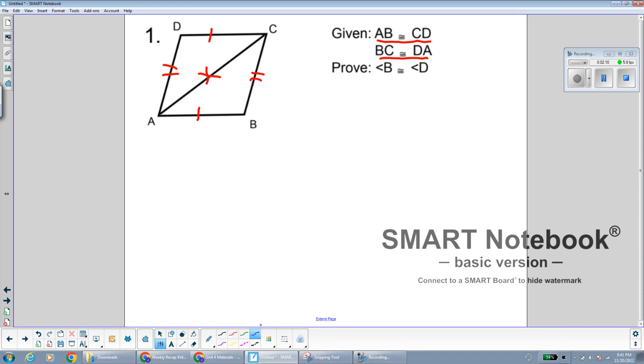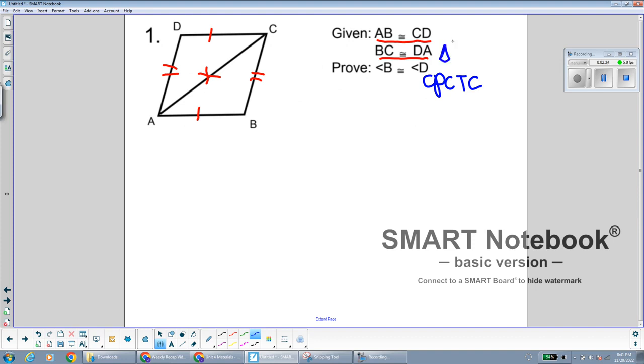I'm going to do that using CPCTC. And remember, before we can use CPCTC, we have to first know that the triangles themselves are congruent. If the two triangles are congruent, then all of the corresponding parts, the corresponding sides and the corresponding angles are also congruent as well.